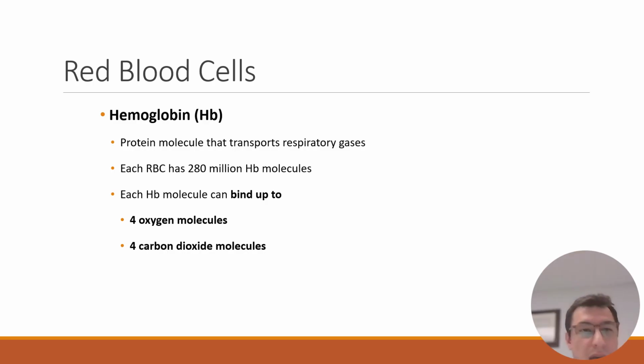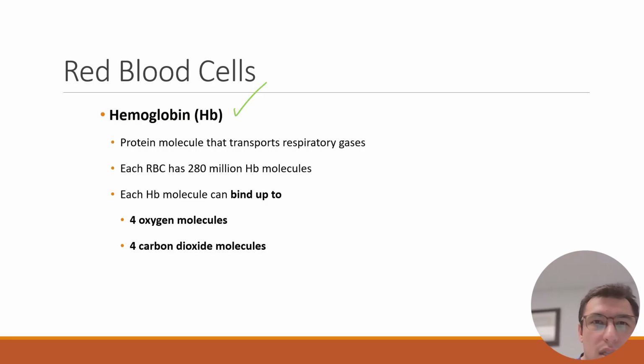Okay, so we talked about red blood cells, what they look like, how flexible they are. We talked briefly about how they are made. Now, what is the main component within red blood cells that helps them carry oxygen? That is hemoglobin. Hemoglobin is a quaternary protein, a complex protein, made out of 4 globulins.